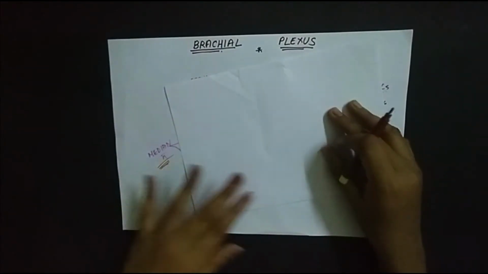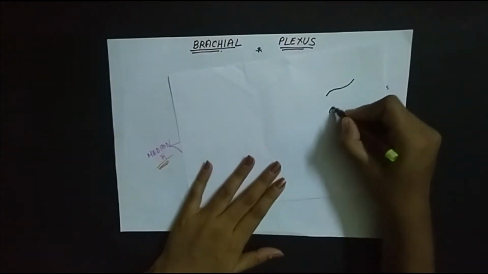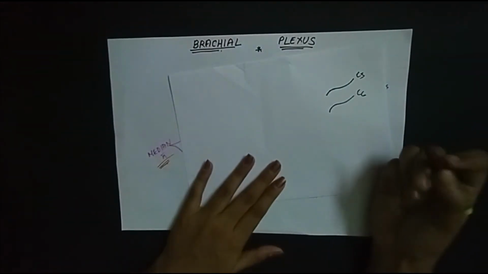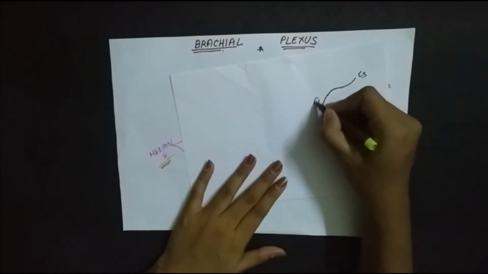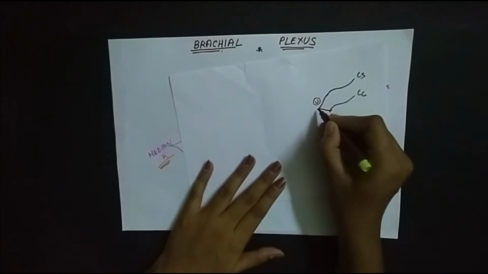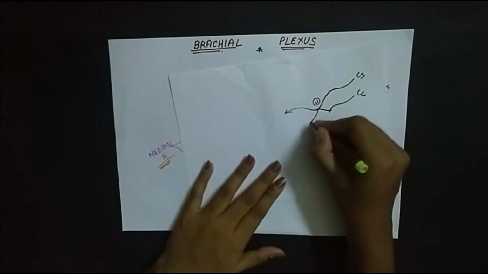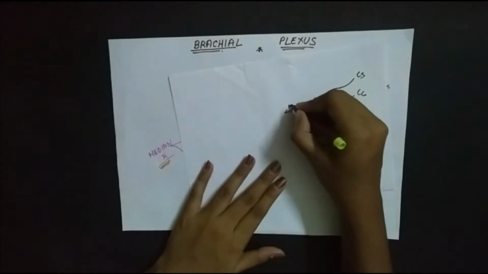See, I am showing you the zooming of the upper trunk only. So if these are the two nerve roots C5 and C6, then these two join and form the upper trunk. So this is the upper trunk, and this upper trunk further gives divisions. So anterior division, and this side is the posterior division. This is the posterior and this is the anterior division.